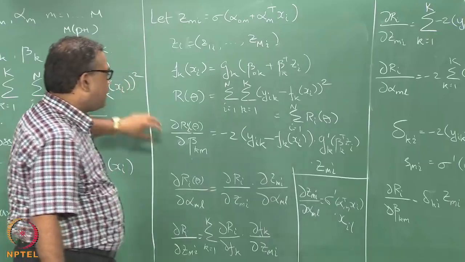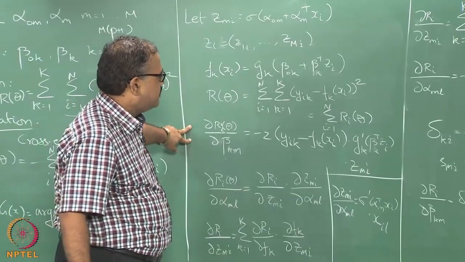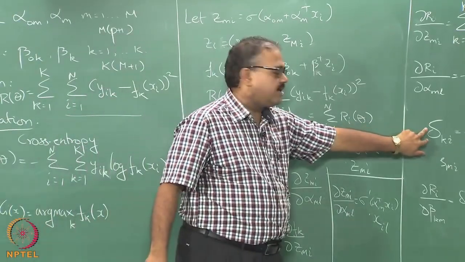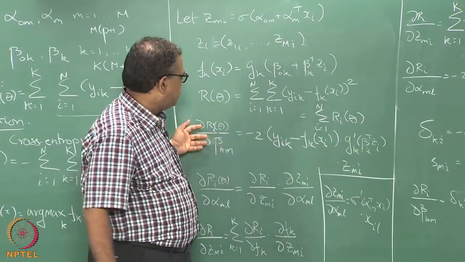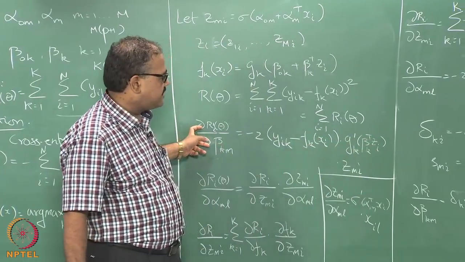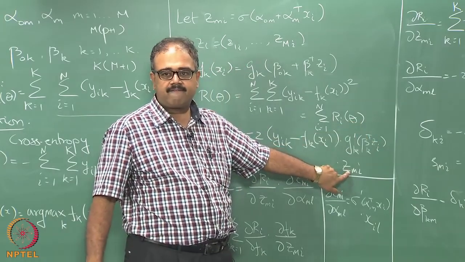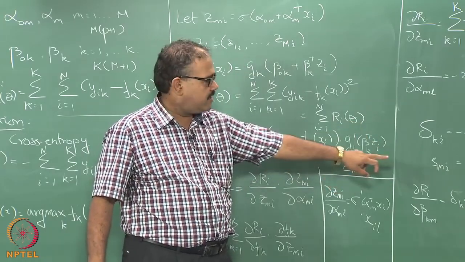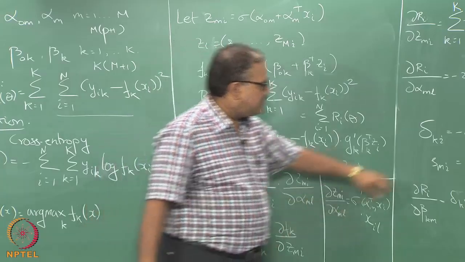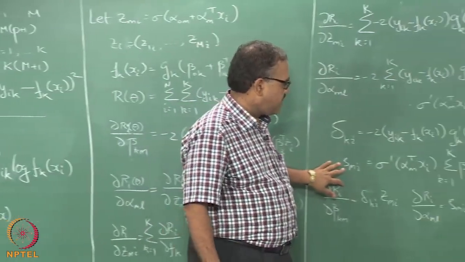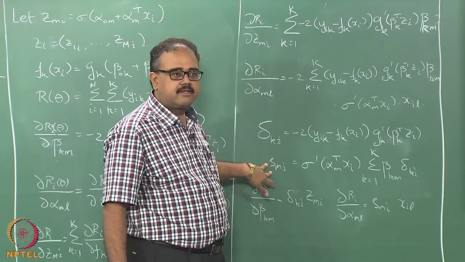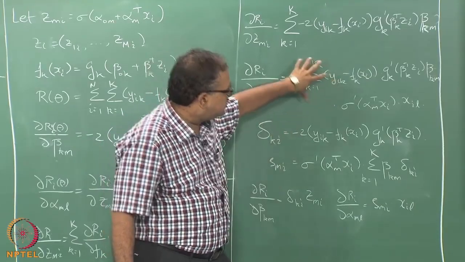Right, so if you think about it, I have made my job a lot simpler. So there is this term delta_ki which I have defined. So dou R_i by dou beta is essentially delta_ki into z_mi, right. Dou R_i by dou alpha_ml is essentially s_mi into x_il. Right.